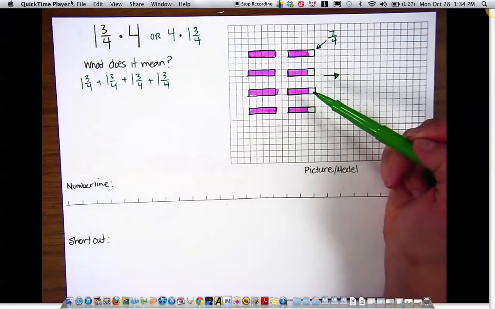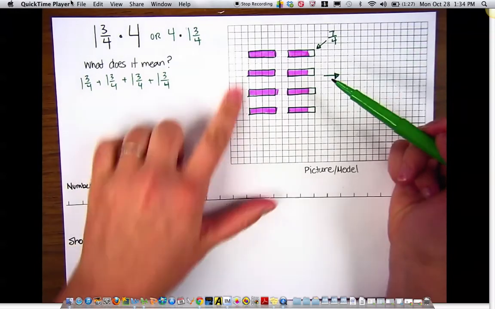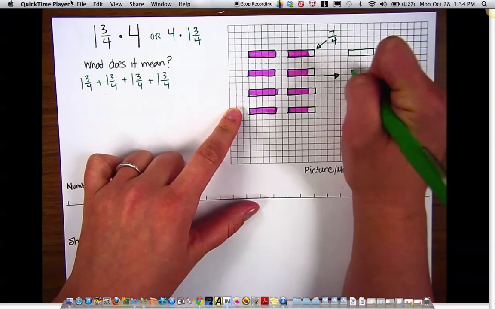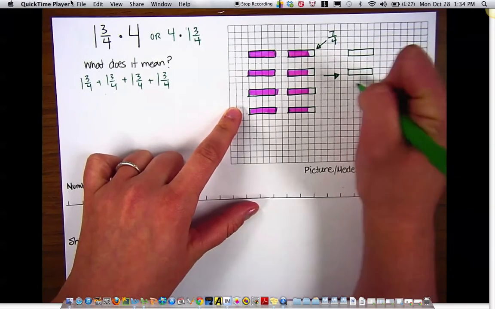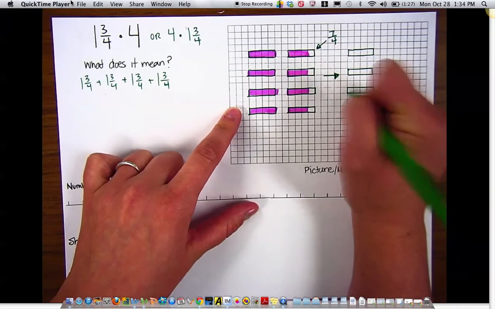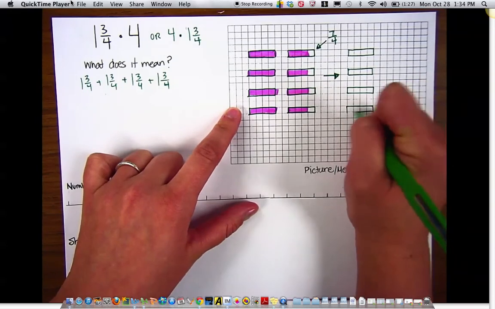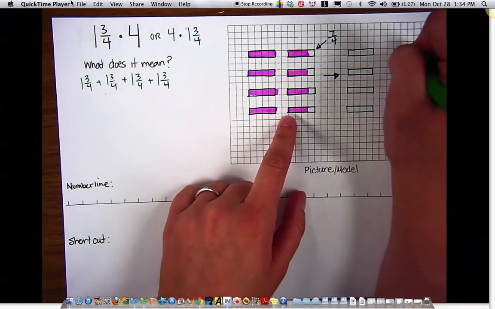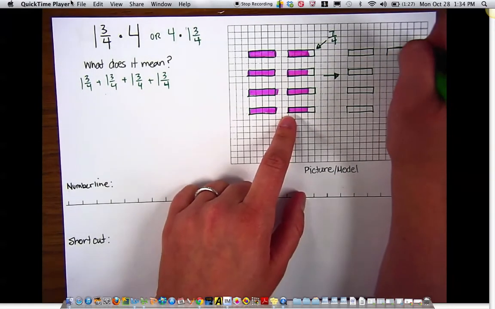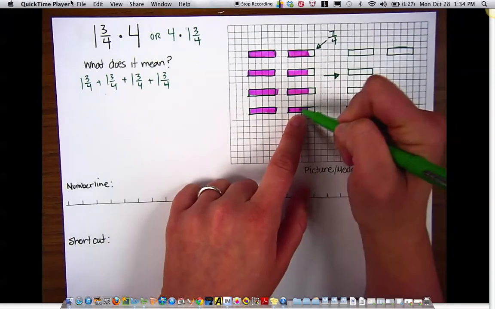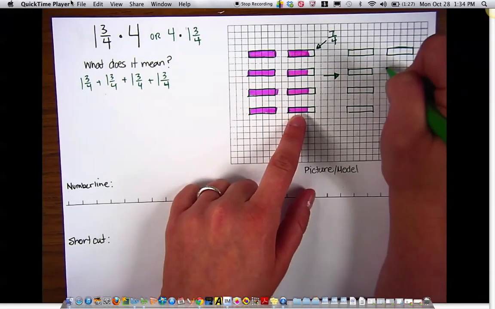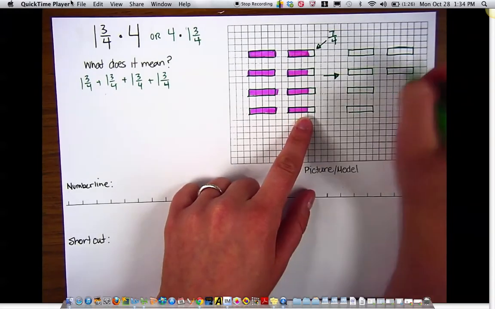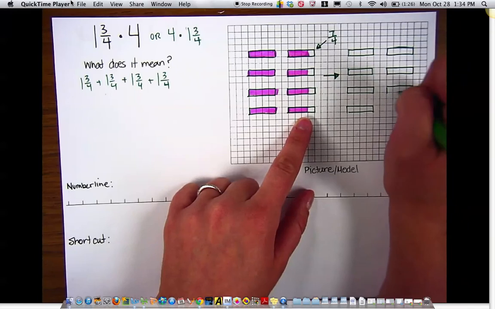So what is it that I end up with? Well, let's see. I have my original 4 whole, and then I'm taking one and filling it in there, so that makes another whole. The second one from here, I'm filling in there, so that makes another whole. And I'm taking this third one, filling it in there, which makes another whole.